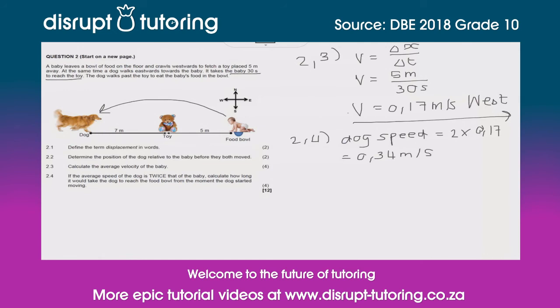But then it says, calculate how long it would take the dog to reach the food bowl. So we can use the same formula that we used up here. I'll just write it out again. It's v is equal to change in x over change in time. And we know that the x is 12, and we don't know the change in time.